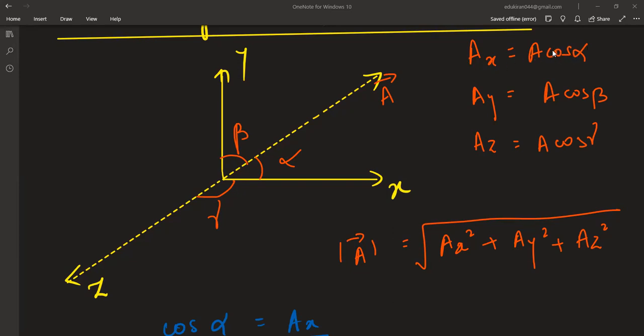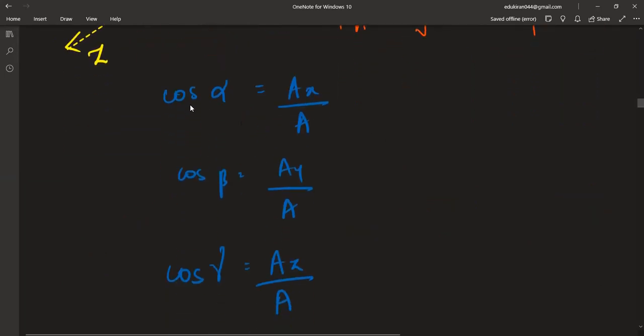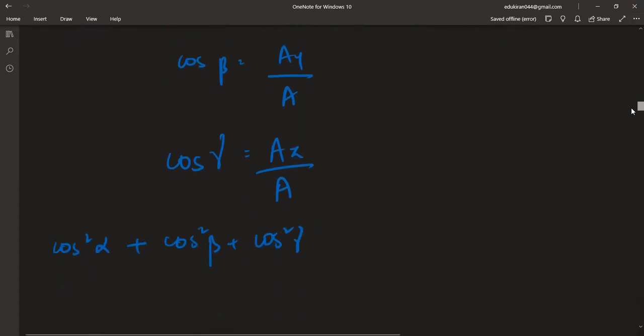So cos alpha should be Ax by A. Very good, Martin. It would be Ax by A. Simple division. This is how you will get all the values of angles. Cos alpha will become Ax by A, meaning the component of A along the x-axis divided by the vector A. Similarly, cos beta will be Ay by A, cos gamma will be Az by A. This way, you will get all the angles.